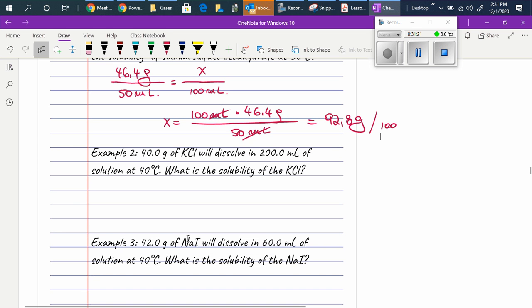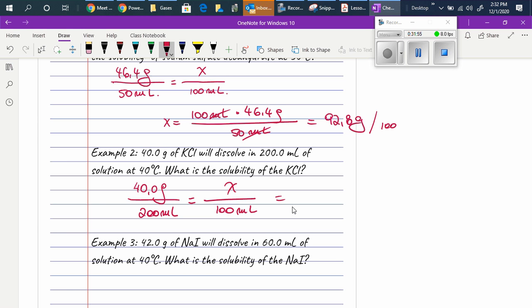Now, on the second example, 40 grams of potassium chloride will dissolve in 200 milliliters of solution at 40 degrees. What is the solubility of potassium chloride? Again, we have 200 milliliters, but in order to measure the solubility, we have to have 100 milliliters.